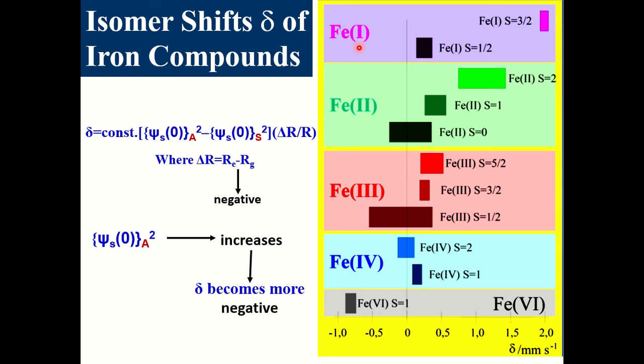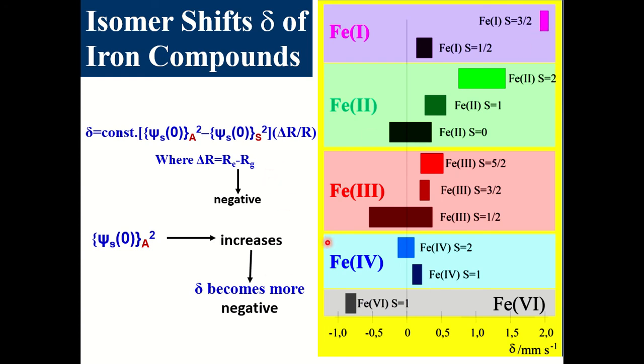This whole term is the most negative among all these values, and so negative multiplied by this negative term gives you the maximum positive term in terms of isomer shift.